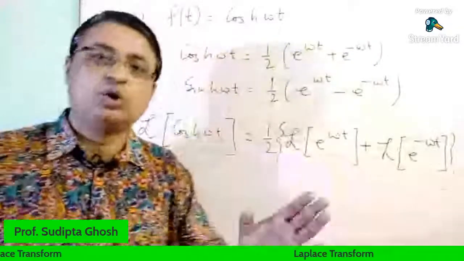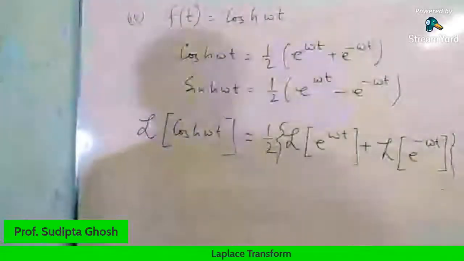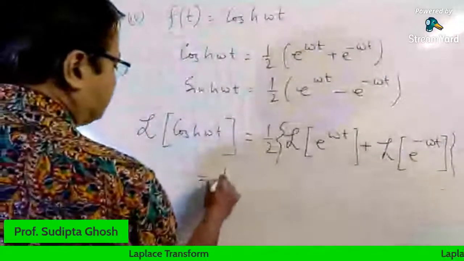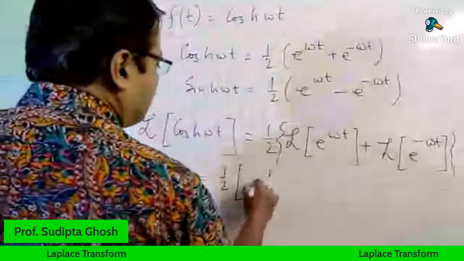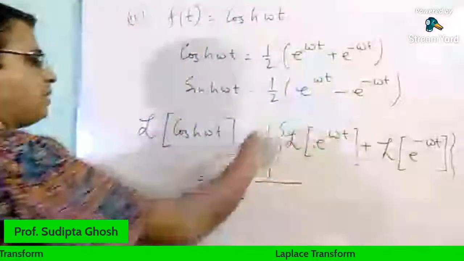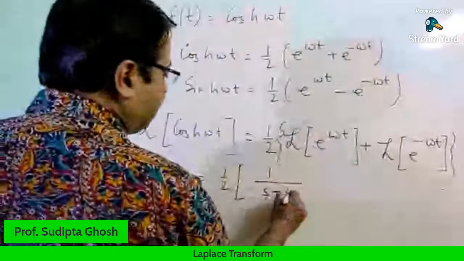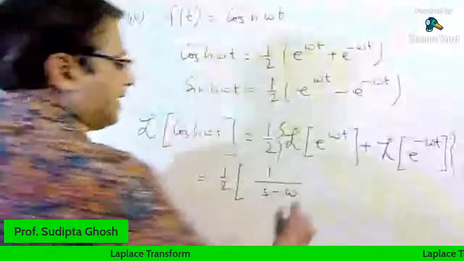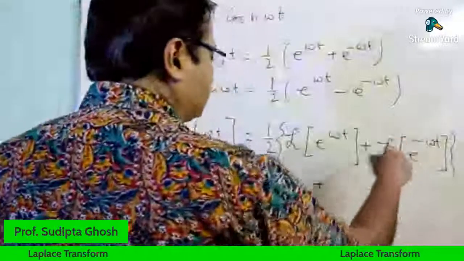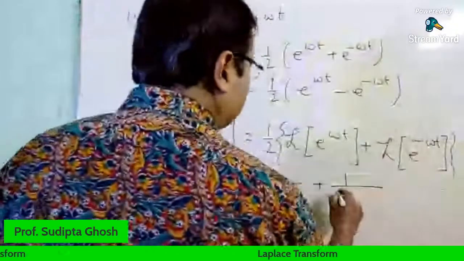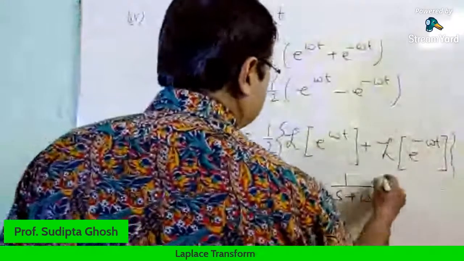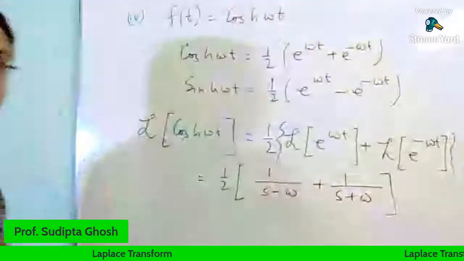Putting those values, the Laplace transform of e to the power omega t becomes 1 by s minus omega, and the Laplace transform of e to the power minus omega t is 1 by s plus omega.